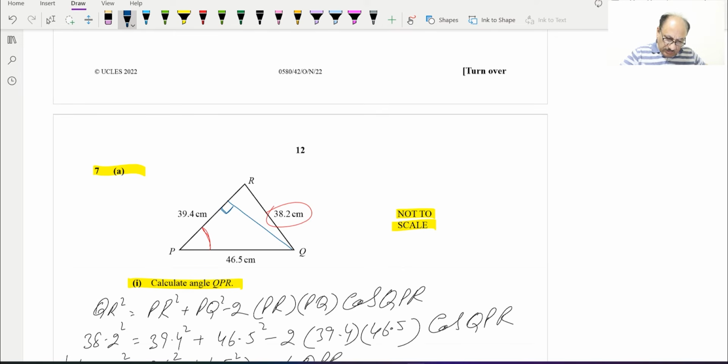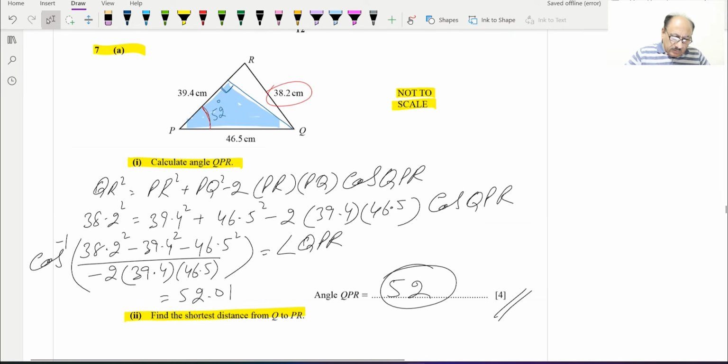And now we have this angle which is 52, which we just found, and now we can consider basically this triangle, and this is a right angle triangle. So we need to find this side, which is, if we take O as this point, so OQ is required.